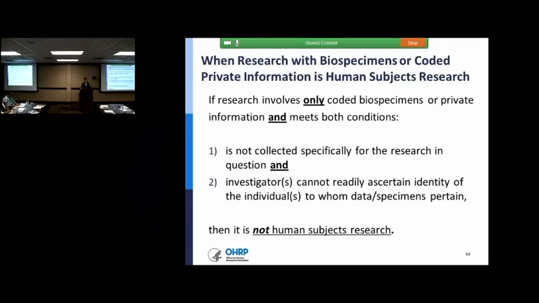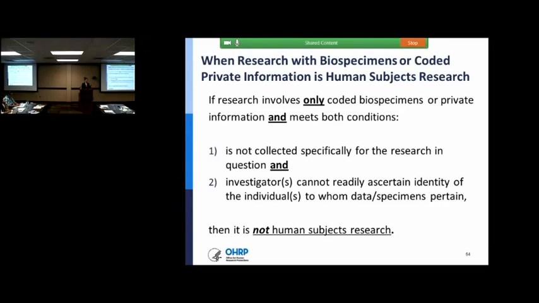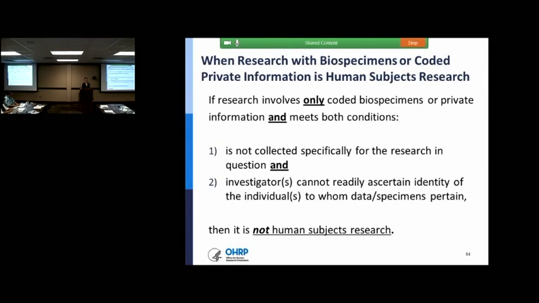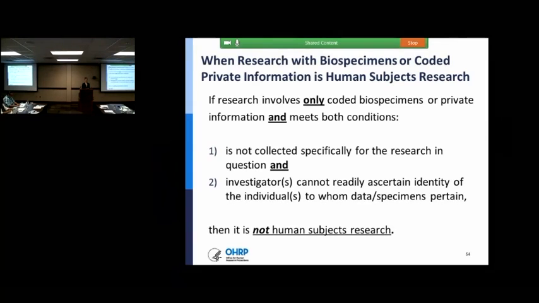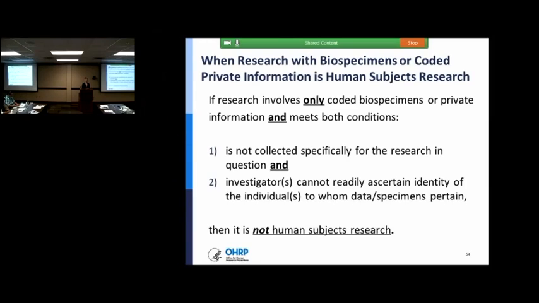Under this heading of human subjects research comes work with biospecimens, which, as you all are aware, is a much more complicated and tricky question to answer. But the regulations have been interpreted to mean that if research only involves coded biospecimens or private information, either one, and it meets these two conditions, it's not collected specifically for the research in question, and the investigators cannot readily ascertain the identity of the individuals, then it's not considered human subjects research.